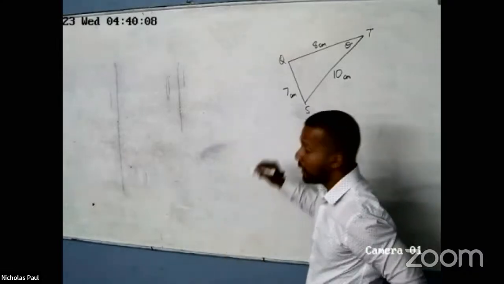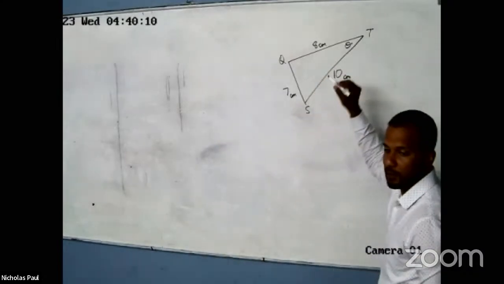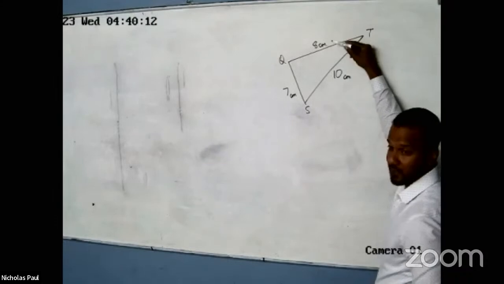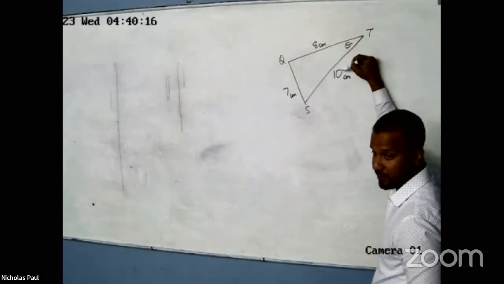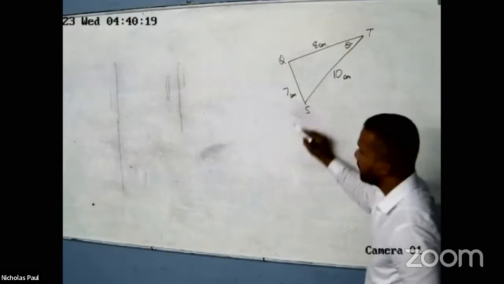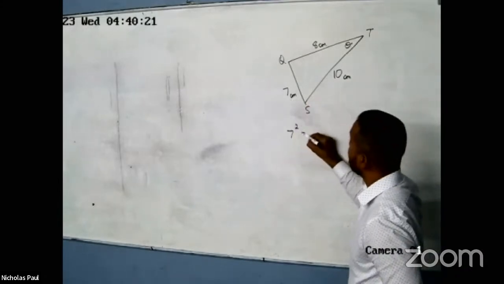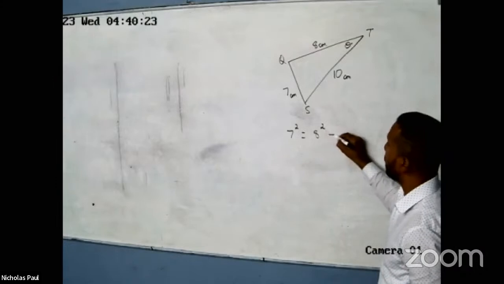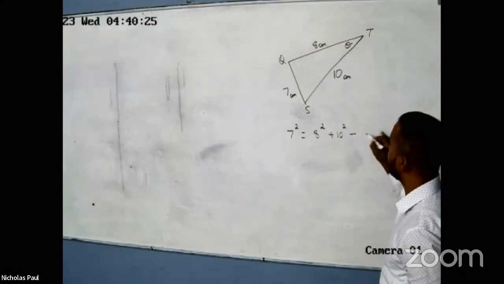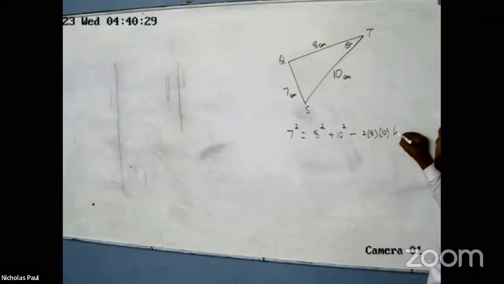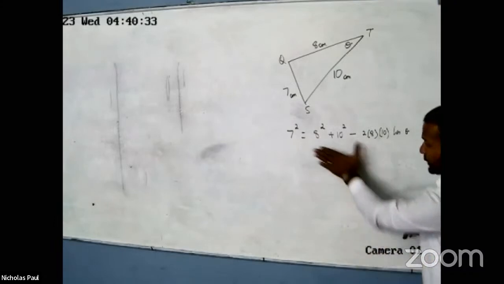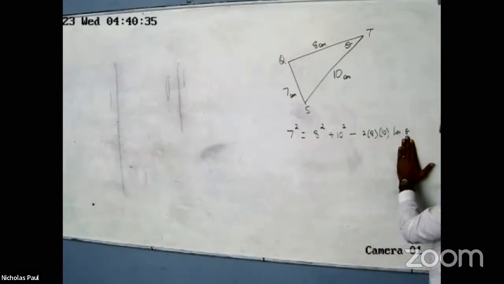B and C are these two lengths, and this is A. Therefore, 7 squared is equal to 8 squared plus 10 squared minus 2 by 8 by 10 cosine theta. You are trying to make theta the subject of the formula.